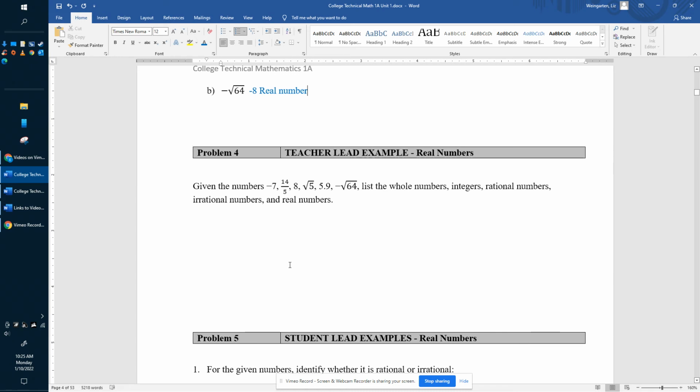Finally, let's look at these given numbers here and see if we can list out which are the whole numbers, which are the integers, which are the rational numbers, which are irrational, and which are real. So let's look at the whole numbers first.